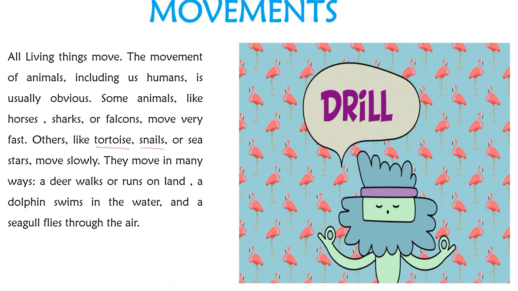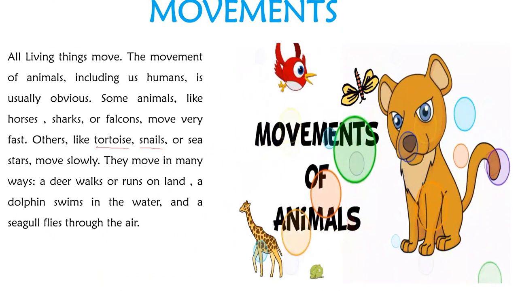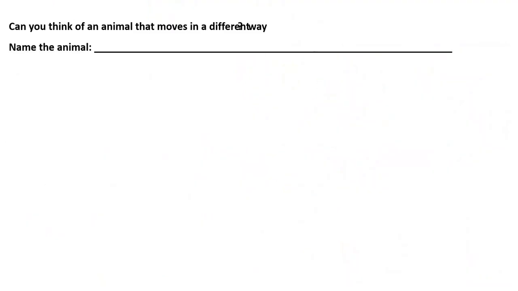Okay, children? These are movements. Some animals walk, some animals hop, some animals move fast, some animals move slow, some animals swim, and some animals fly in air. Okay, children?